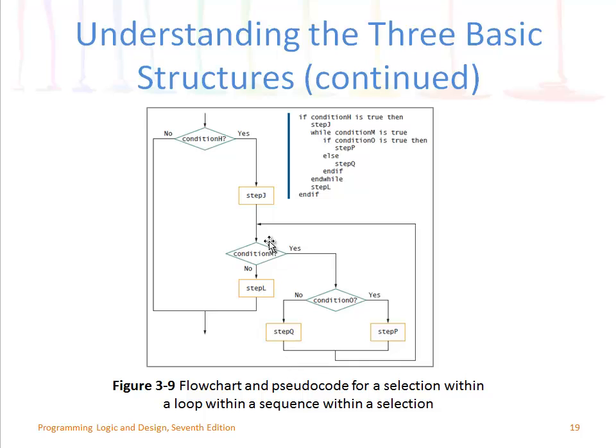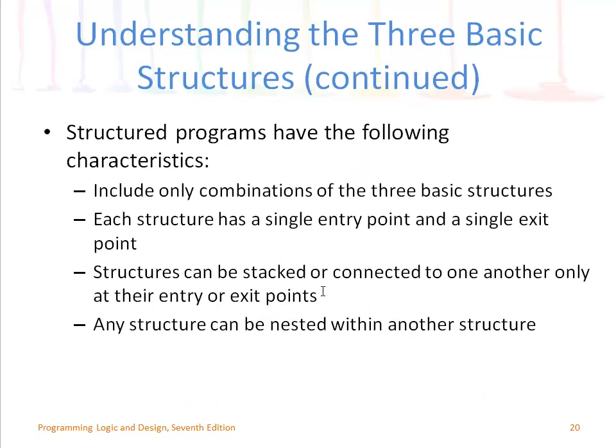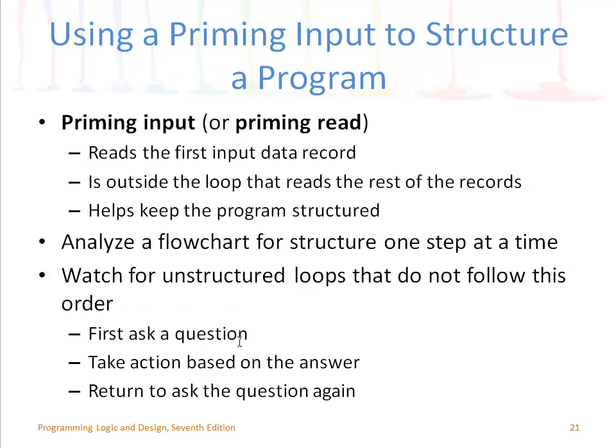And you can continue to compound that and add another selection structure inside of that loop, so that if the loop is supposed to execute, we have to determine whether one of these other conditions is true, and execute one of these other steps based on that. Still, one entry point to the selection, one exit point from that selection, and that continues to be met. So that's the basics on that.